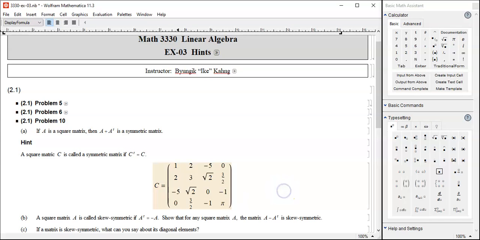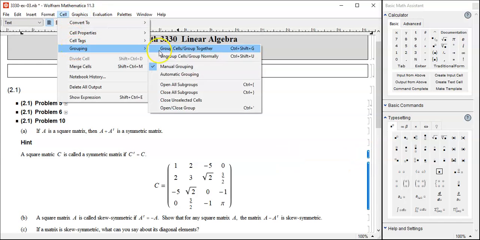Okay, this kind of thing is a symmetric matrix. And then what do you have to prove? This is a symmetric matrix. So this is just an example.